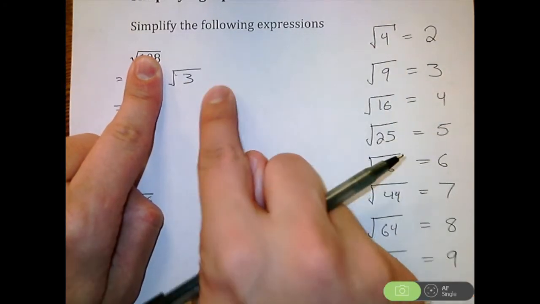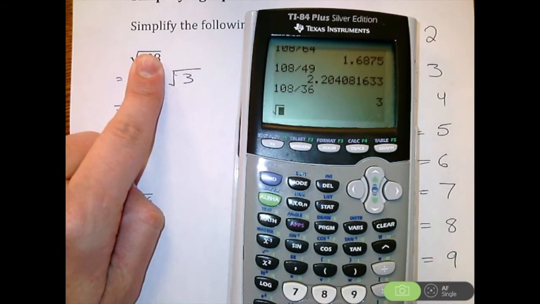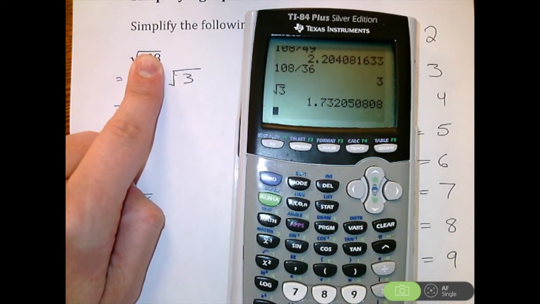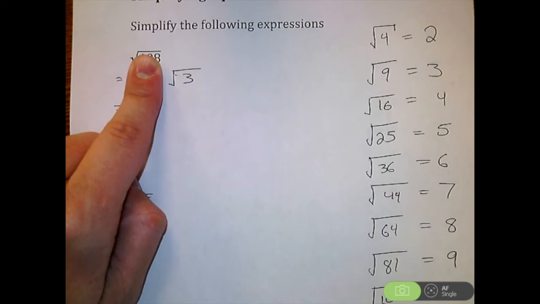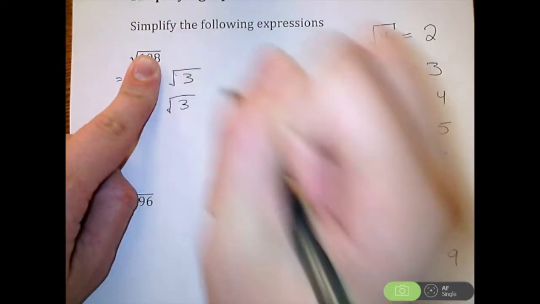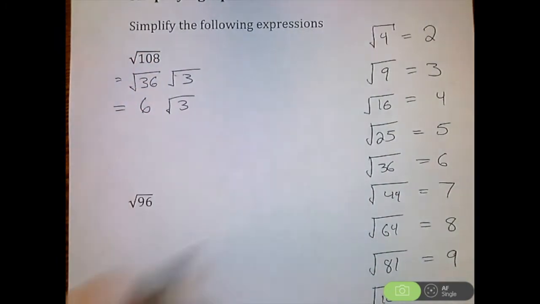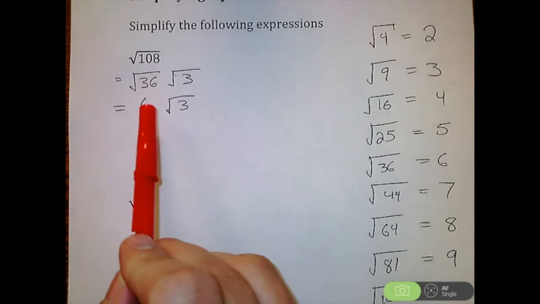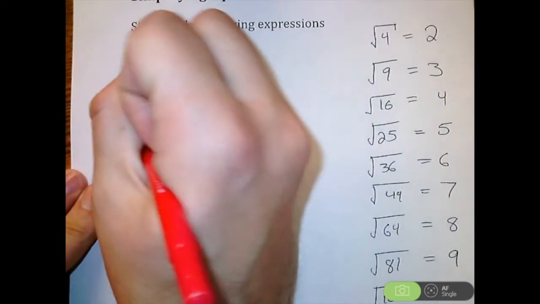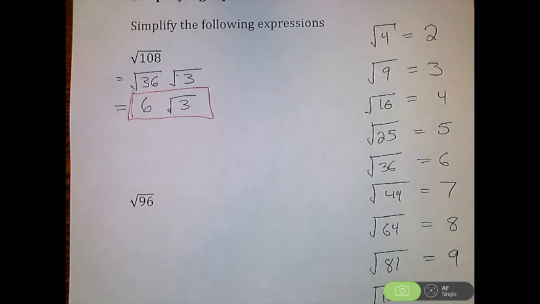We don't know what it is. Even if you checked in a calculator, the square root of 3 is a decimal, 1.73 and so on. So if there's nothing I can do with it, leave it alone. Rewrite it as the square root of 3. And what we have here together is my answer. 6 square root of 3 is the answer in the most simplified version of this.